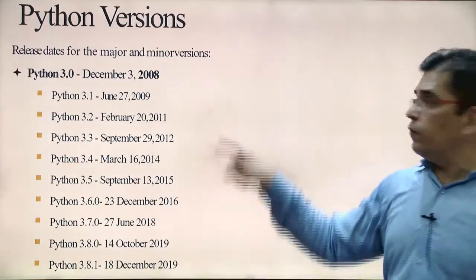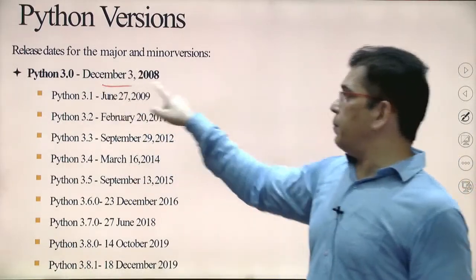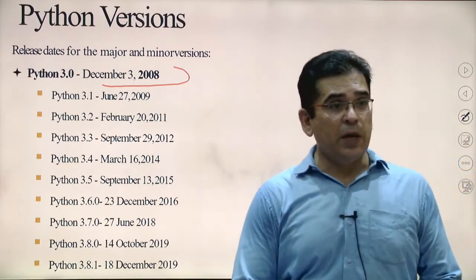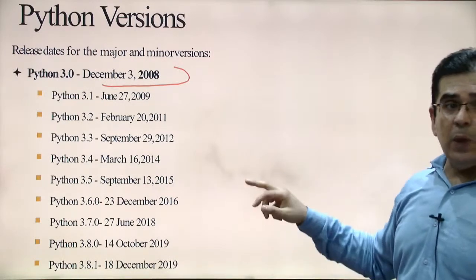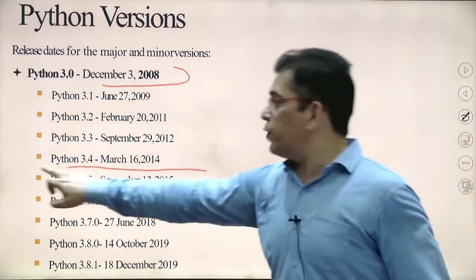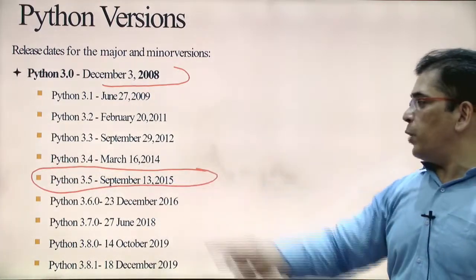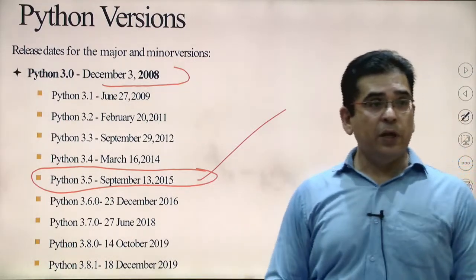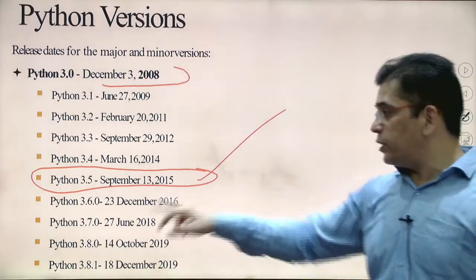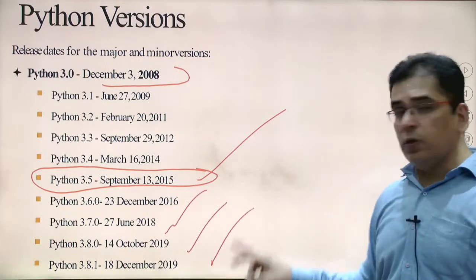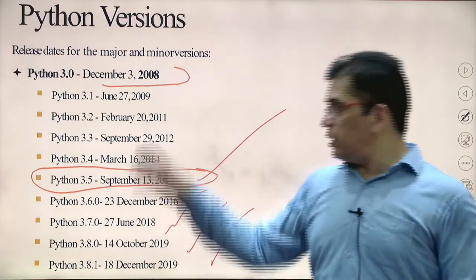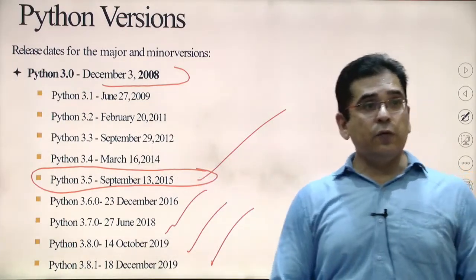Nowadays, Python version 3 is used. On December 3, 2008, the Python 3 version came into the limelight. Generally, people work on Python 3.5. This version came into the limelight in 2015. After that, Python 3.6, 3.7, 3.8 and 3.8.1, such versions came into the limelight. So these are the various kinds of Python versions.